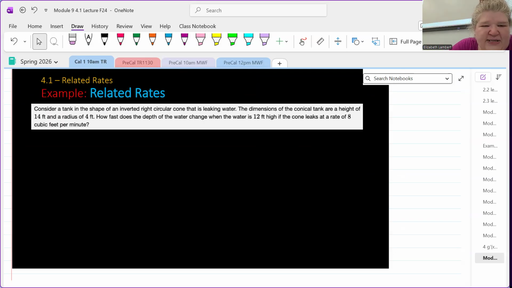So we have a tank in the shape of an inverted right circular cone that's leaking water. The dimensions of the tank are a height of 14 feet with a radius of 4 feet. All right, so our inverted cone looks like an ice cream cone.